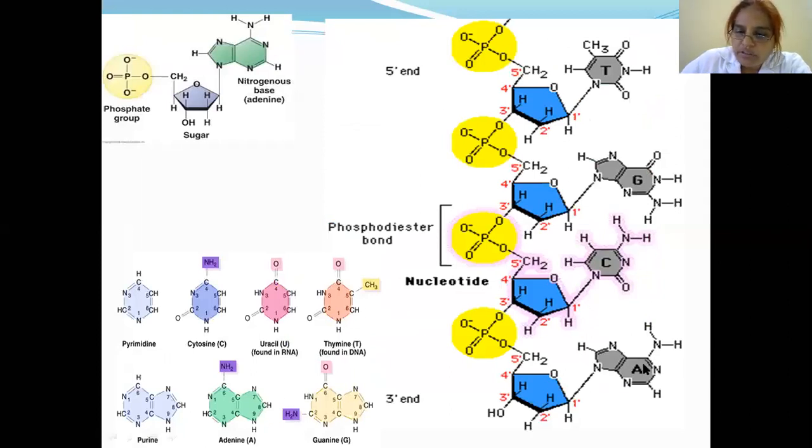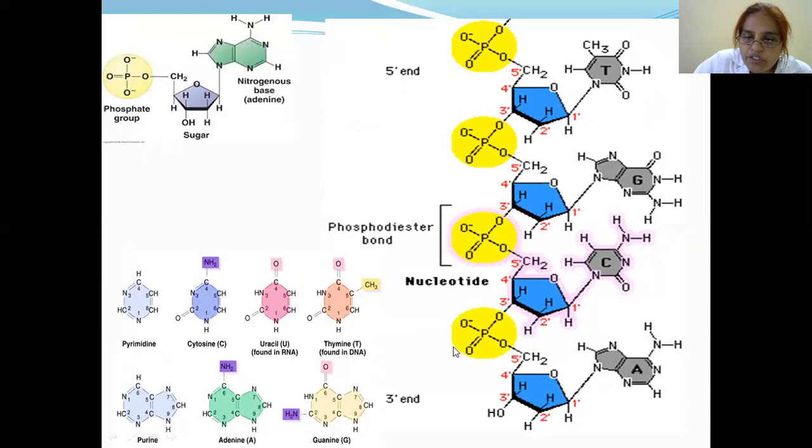This is the nucleotide structure. Previously I told you these nucleotides are bound together with phosphodiester bonds. See the arrangement: base, sugar, and phosphate.